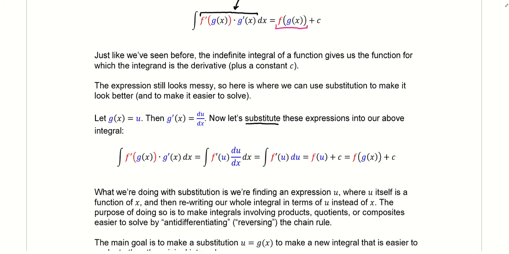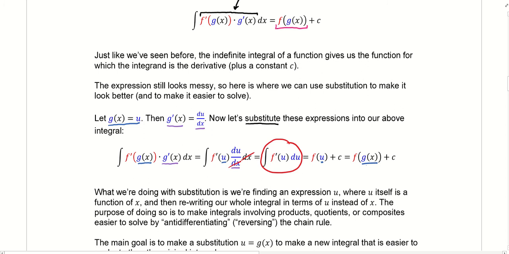If I substitute in u as g of x, and g prime of x becomes du dx, then essentially what this allows me to do is think about these dx terms or notations canceling, and gives me a much easier integral to work with. And then once we solve that integral or compute it, then we just undo the substitution by replacing our u back with g of x.